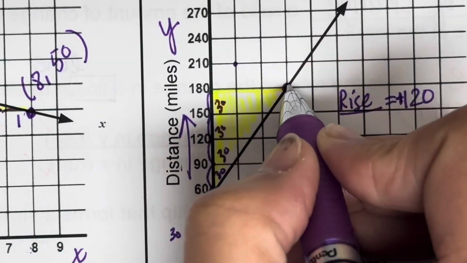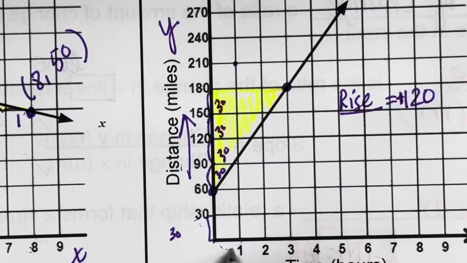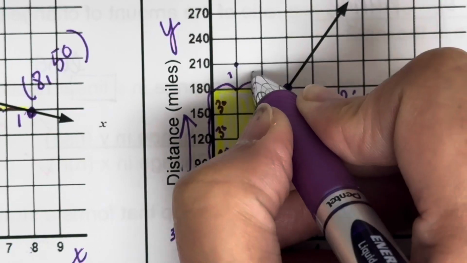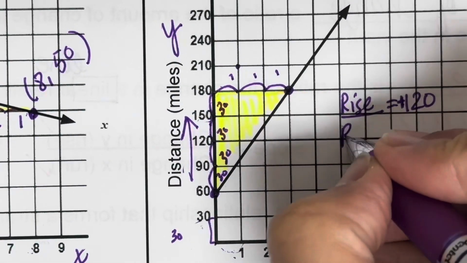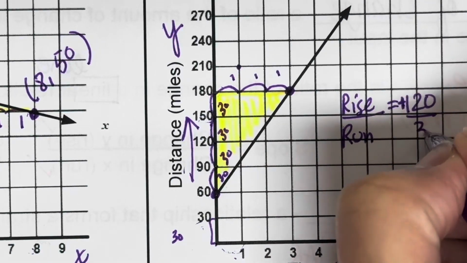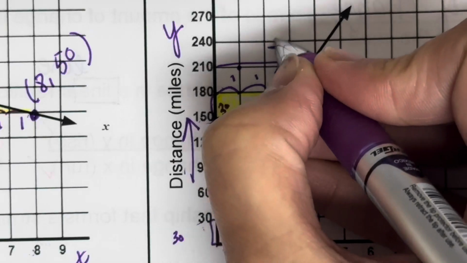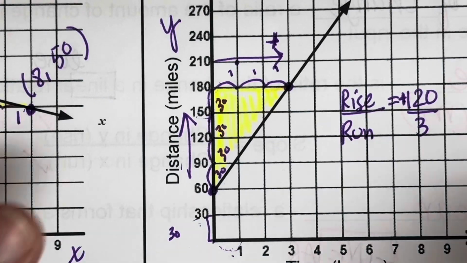And then I'm gonna count the run. First, how much is each box? Each box is 1. So this is 1, 2, 3. So that's total 3. So run is 3 and it is also going to the right hand side. So this should be plus as well. So up and right is plus, down and left is minus.